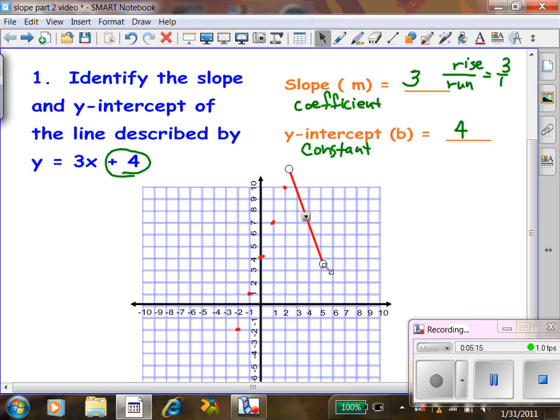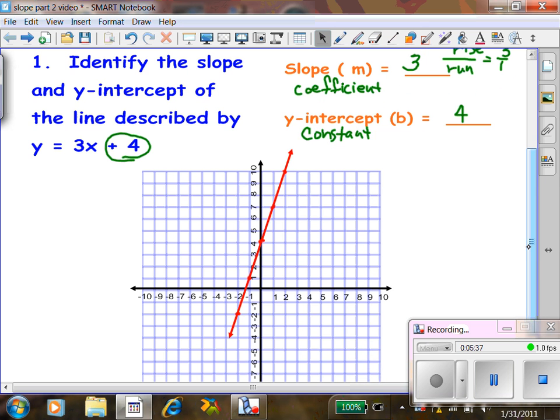Go ahead and use your straight edge, and you're going to connect your points with your straight edge, and that will give you the graph of that line. So you just graphed that line from only the equation, just knowing how important those two numbers were and how to interpret them.